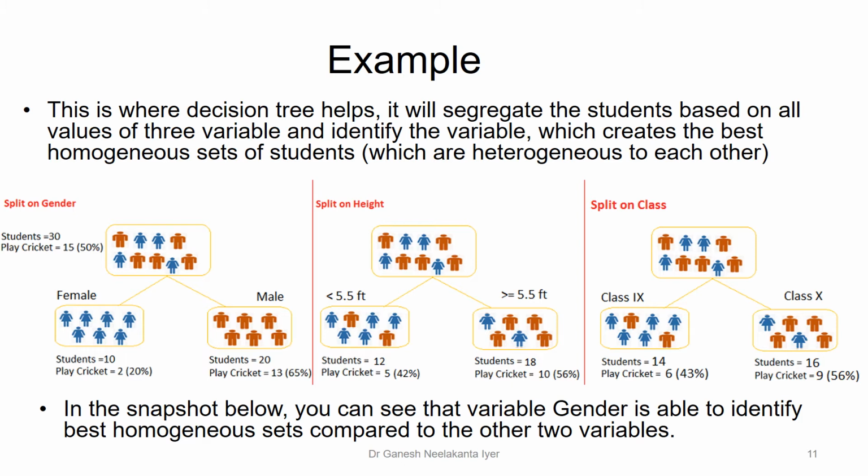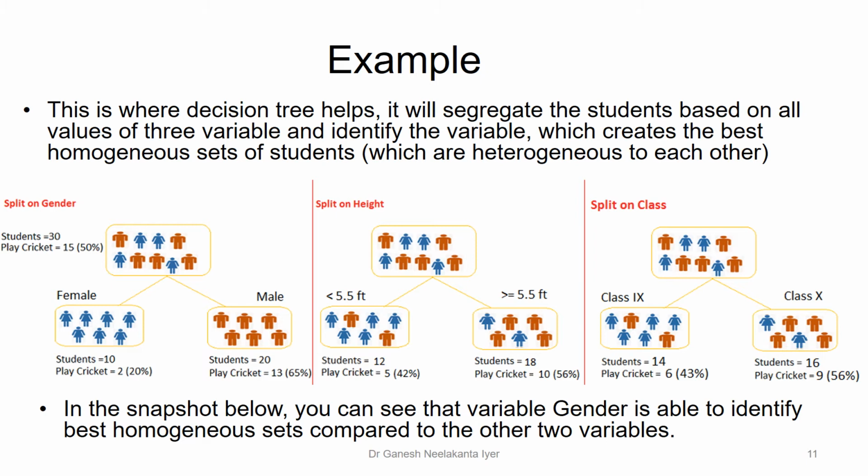So you see here the snapshot, the picture. If I split them based on gender from the given input data, among females 2 play cricket out of 10, among males 13 out of 20 play cricket. Now split on height. Among people with less than 5.5 feet, 5 out of 12 play cricket, and greater than 5.5 feet, 10 out of 18 play cricket.